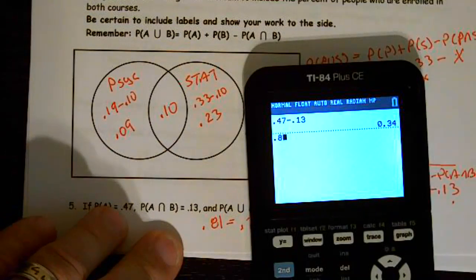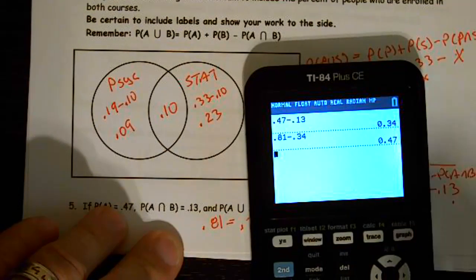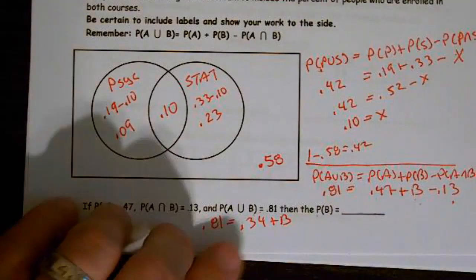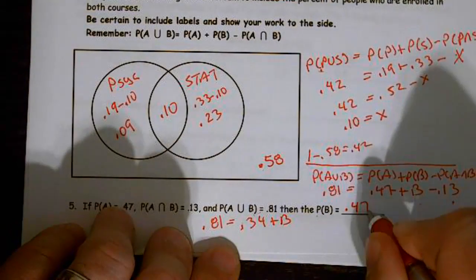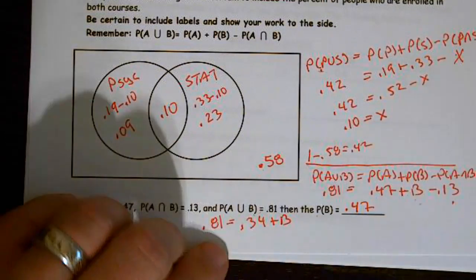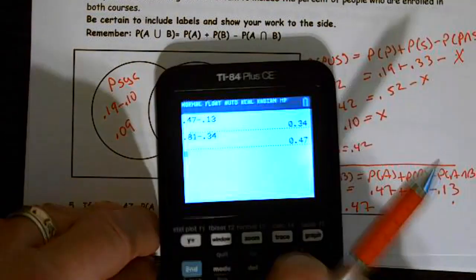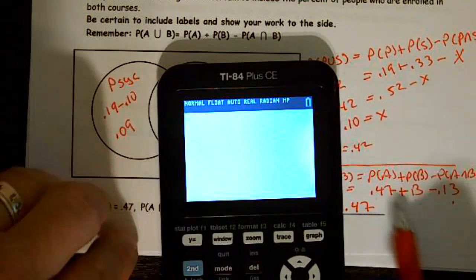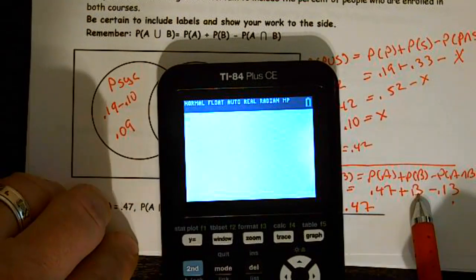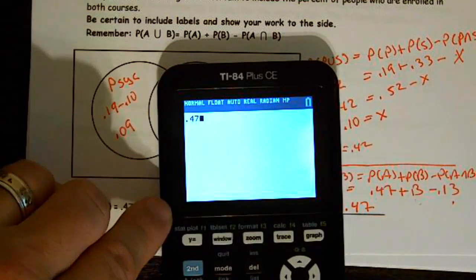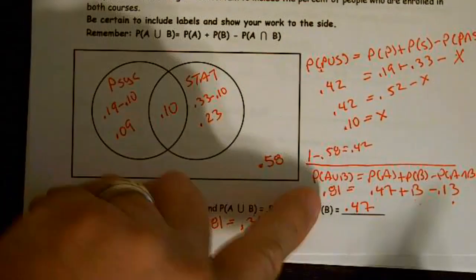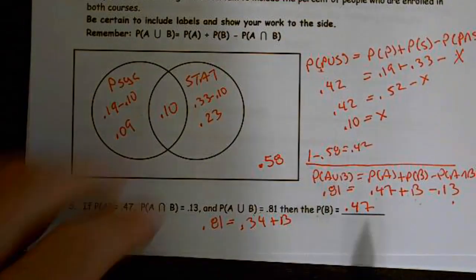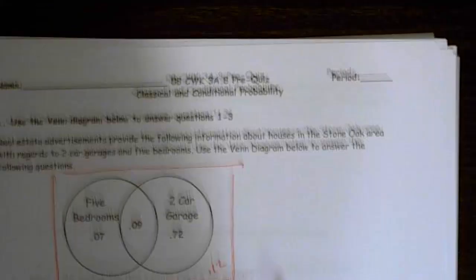So 0.81 minus 0.34 equals 0.47. Now, it turns out A and B happen to be the same thing. So let's check it out real quickly. 0.47 plus 0.47 minus 0.13, that's 0.81, and that was 0.81, so we must have done it correctly. All right, moving on to the next problem.